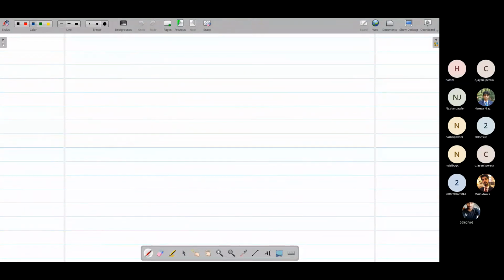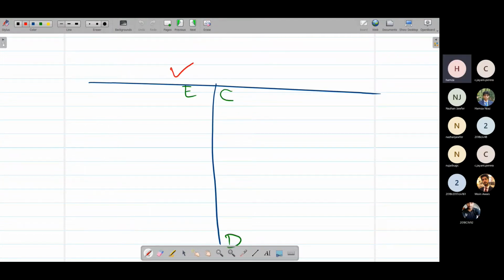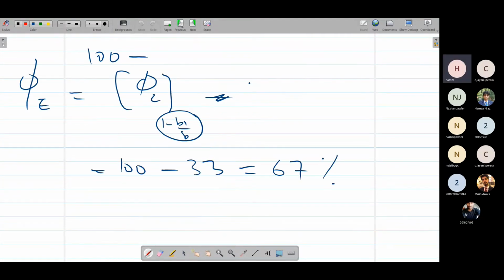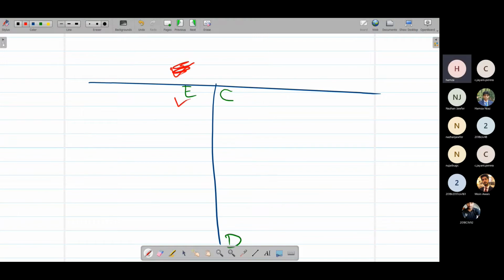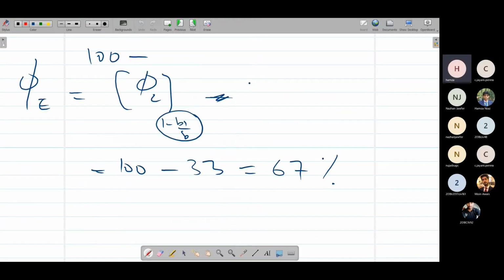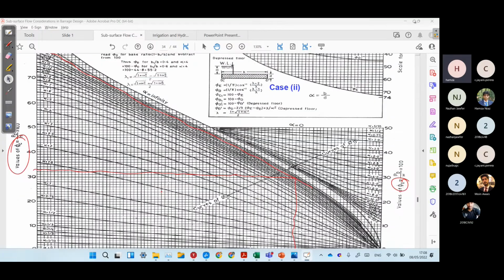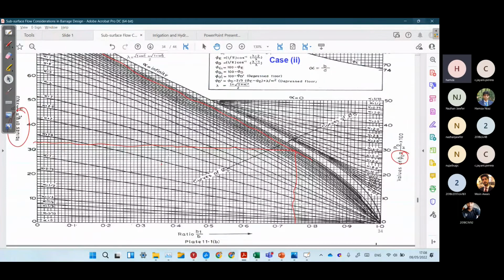The second value is phi D. We have calculated phi E, now we are going to calculate phi D. For phi D, see that the values of B1 over B on this horizontal axis are all more than 0.5.